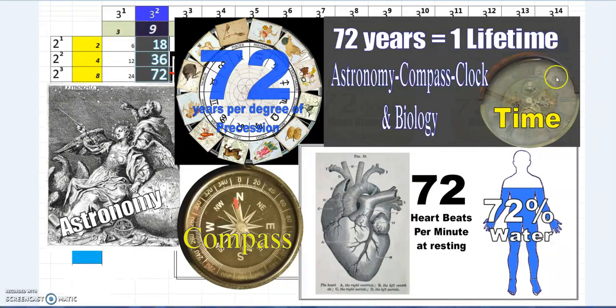It's interesting that one lifetime is 72 years, or 1 degree of precession by the compass. It's a bit arbitrary, but 1 degree is the minimum distance to measure precession, and it just happens to come together with a human lifetime.